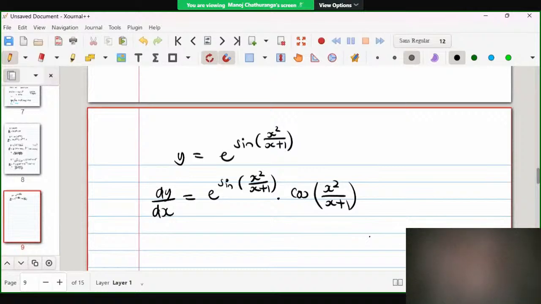Now we are done with e and sine, and then go even further and apply the quotient rule.